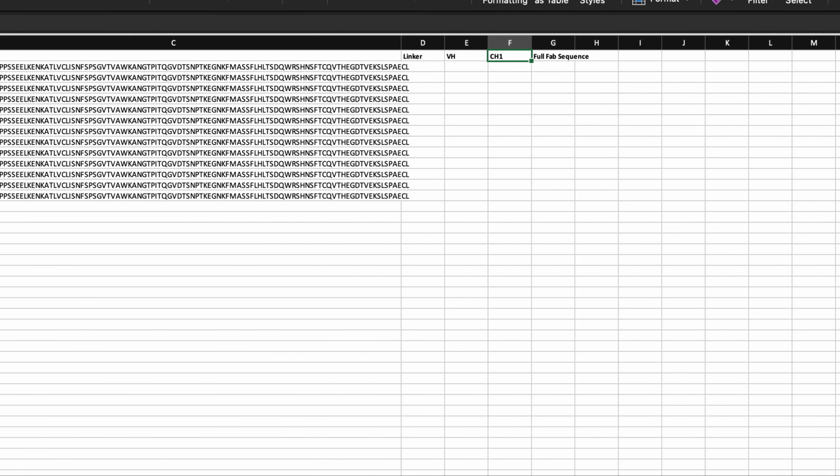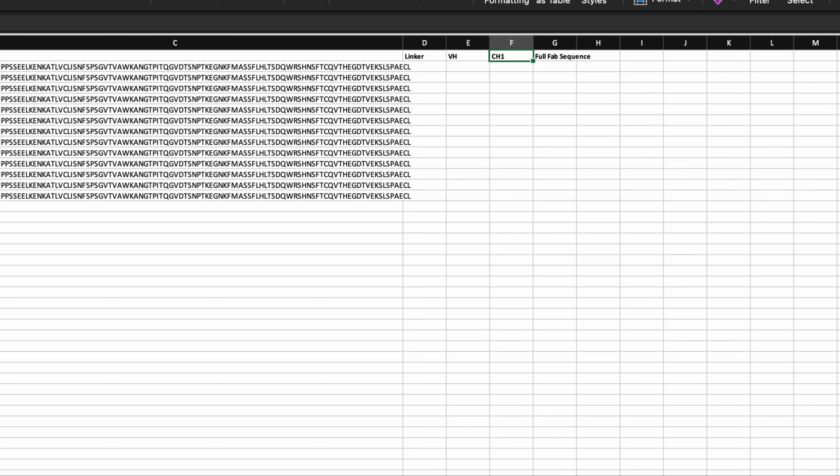For the linker, we're just going to use the linker that was used in previous AlphaFold runs, because we're considering that the linker is not going to really affect the antibody paratope in the docking.